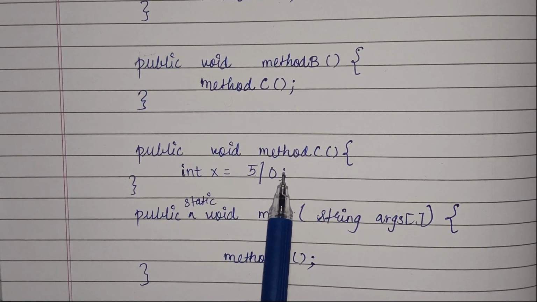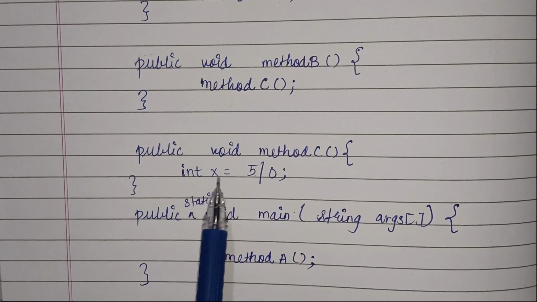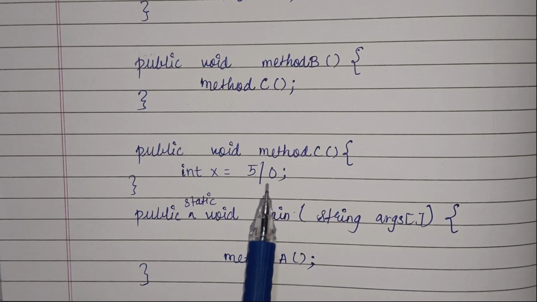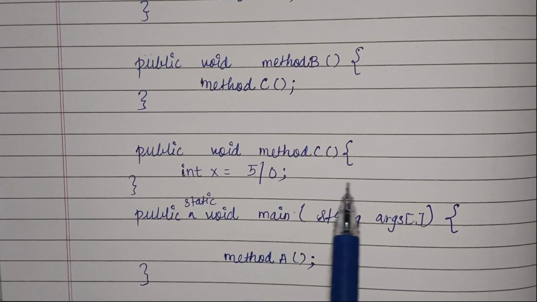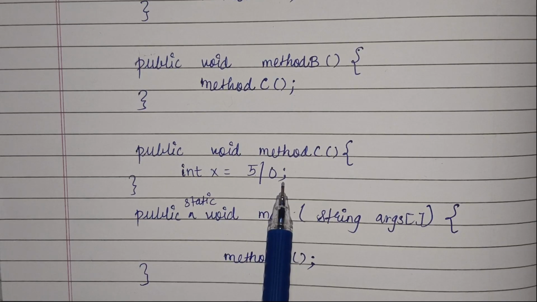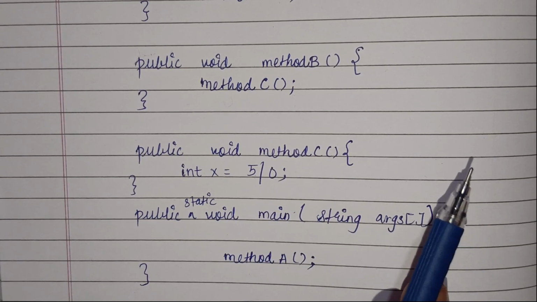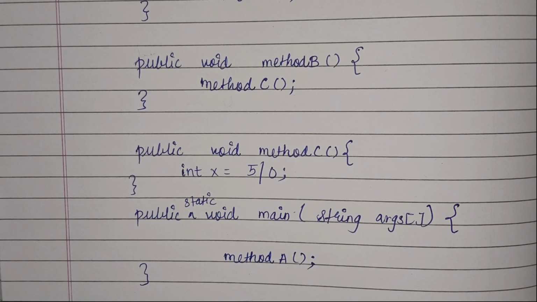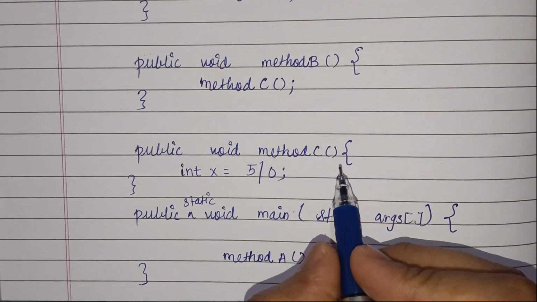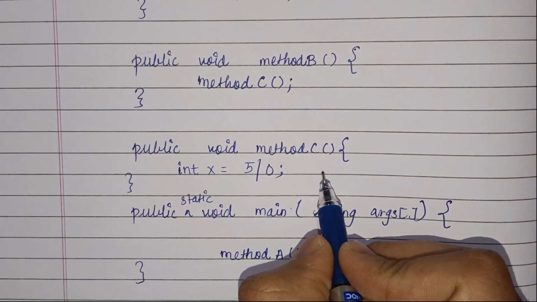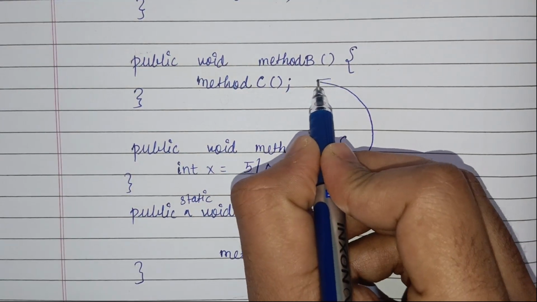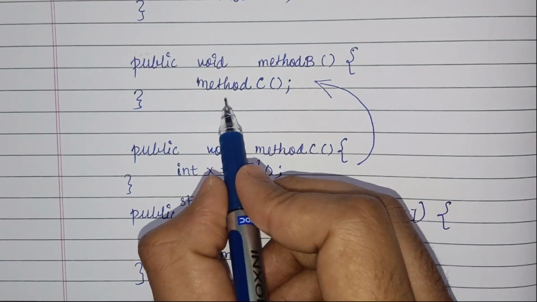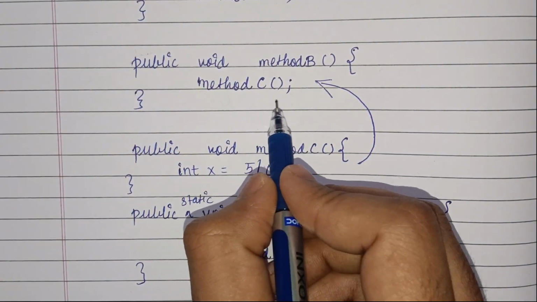So this method C has two ways to handle this exception. Either it can handle this exception by using a try and catch block, or it will throw the exception to its caller. So suppose it has thrown the exception to its caller, so it will throw the exception to B, because here the C method has been called.